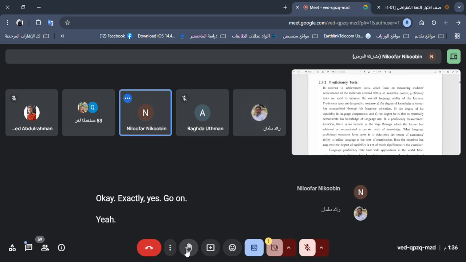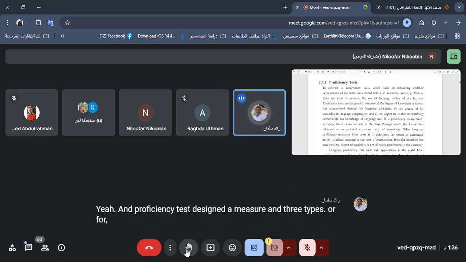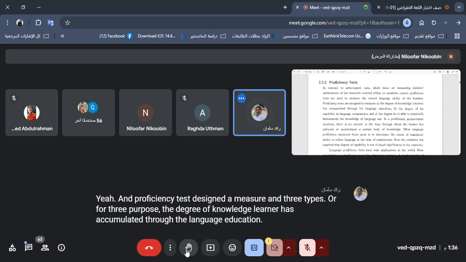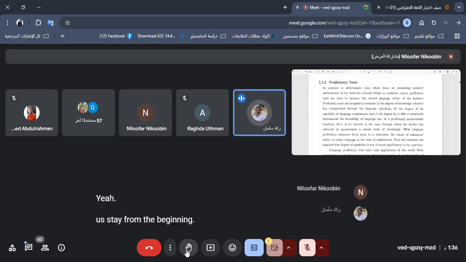Proficiency tests are designed to measure three things. A, the degree of knowledge the learner has accumulated through language education, let us say from the beginning of primary up to the secondary.